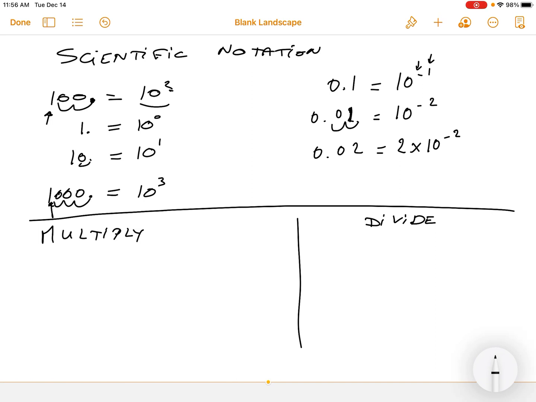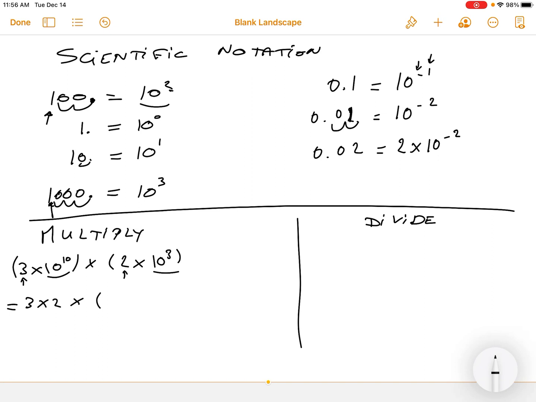So let's say that you want to multiply 3 by 10 to the power of 10, multiplied by 2 by 10 to the power of 3. So in this one, you will first deal with the digits themselves. You multiply 3 by 2. And then you will deal with the power of 10 separately.